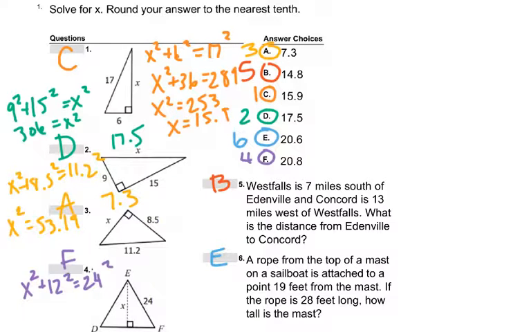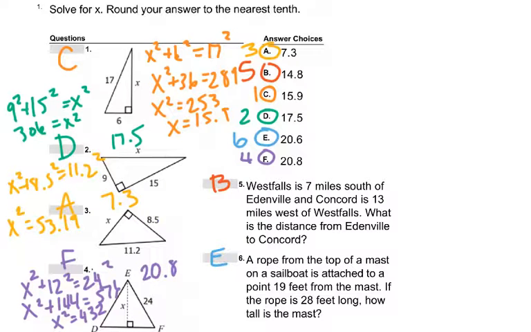So that's how I got that other side was 12, in case you're wondering. So I get x squared plus 144 equals 576. I'm going to subtract 144 over, so I get x squared equals 432. And then when I take the square root of both sides, I get that x is 20.8.